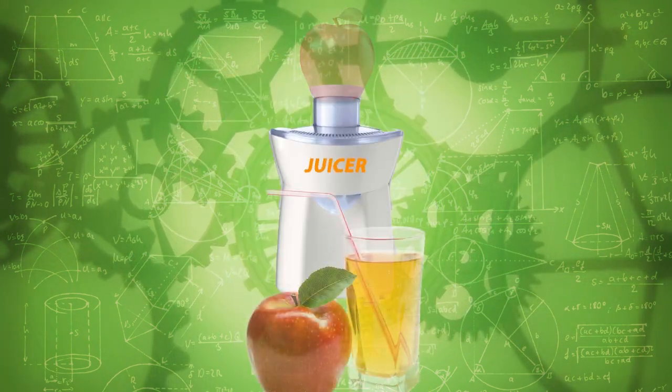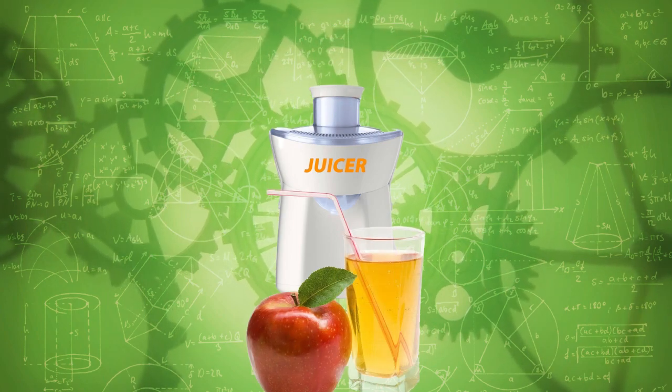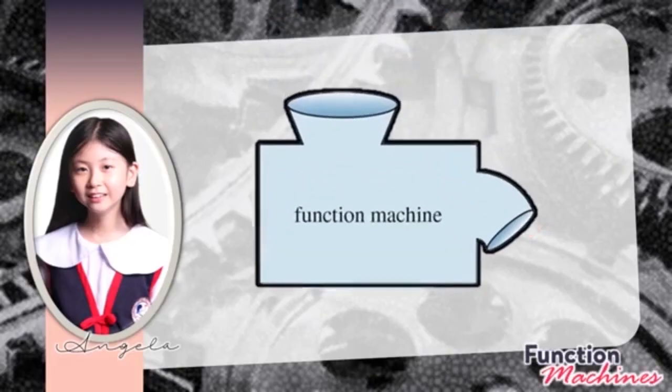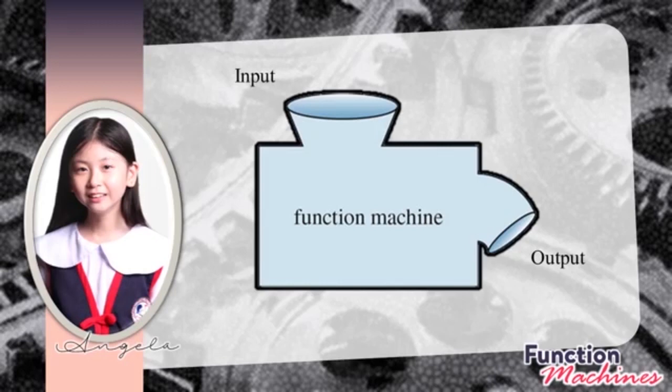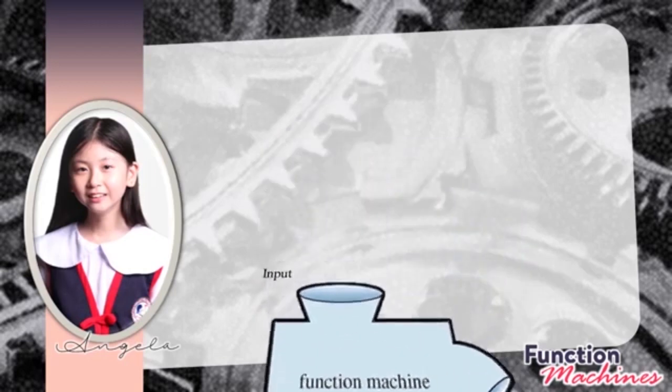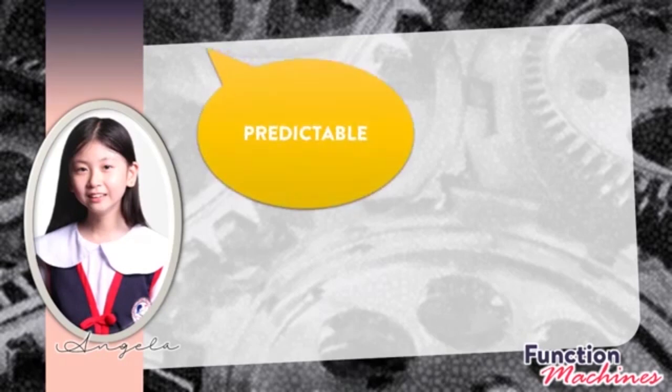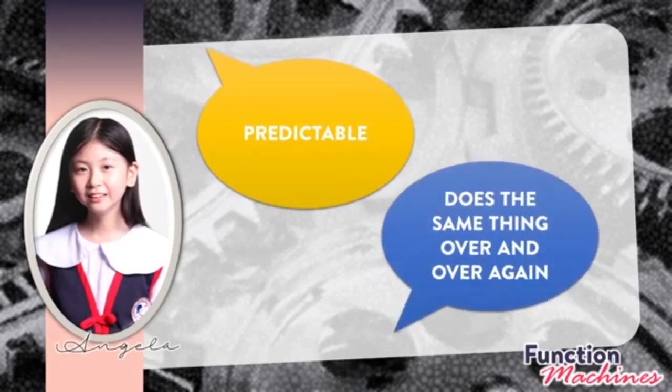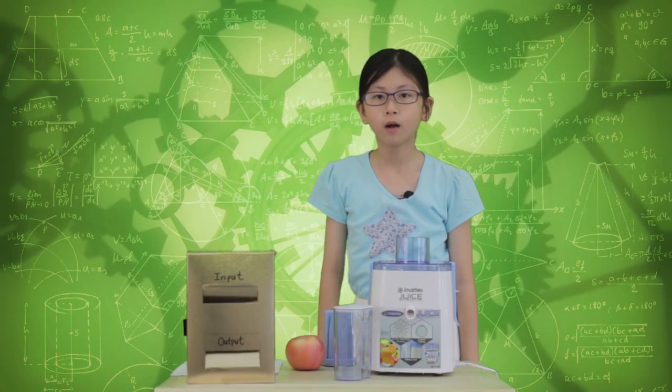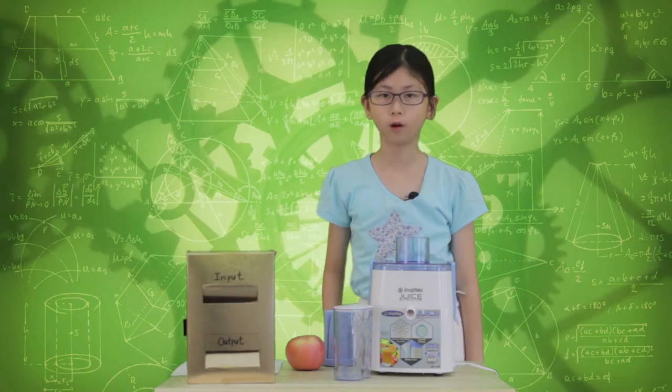This juicer is kind of like a function machine. But instead of apples and oranges, a function machine accepts numbers. We just have to remember that a function machine, just like the juicer, is predictable and does the same thing over and over again. Let me show you how a function machine works.